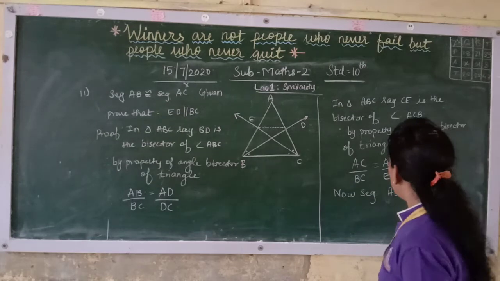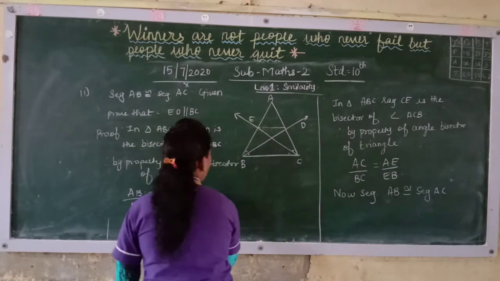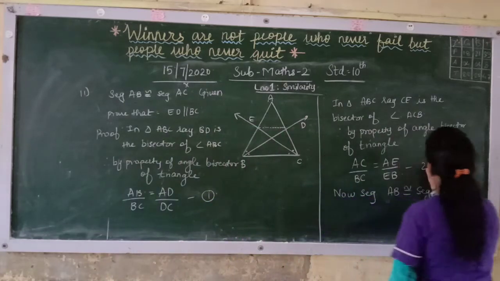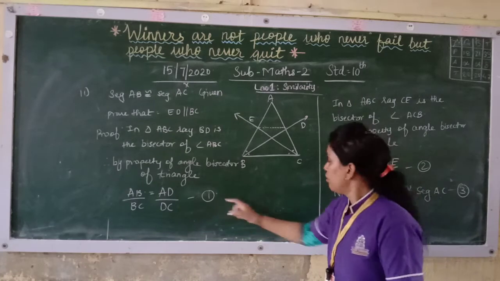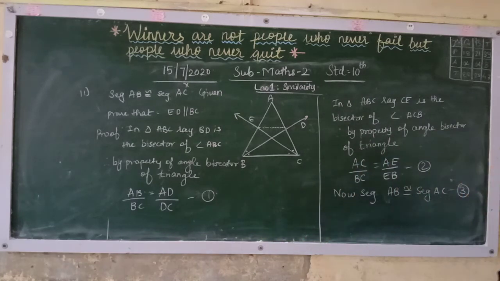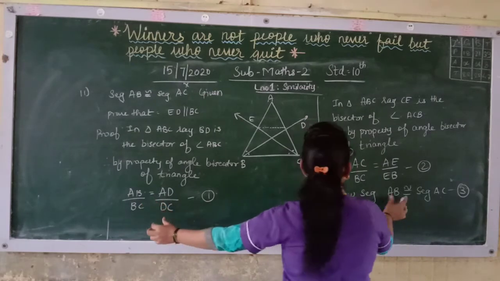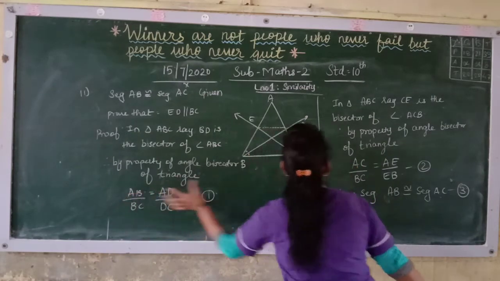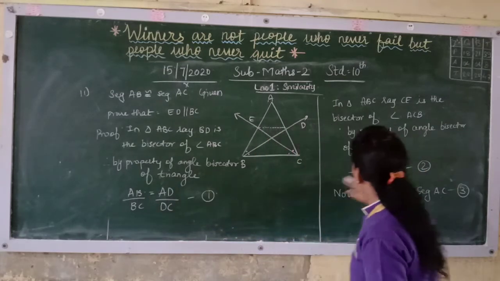Now see, this is AB and AC. Make this as 1, this as 2 and this as 3. So from 1, 2 and 3, what you are getting is that AB is equal to AC. This means this part will be equal.